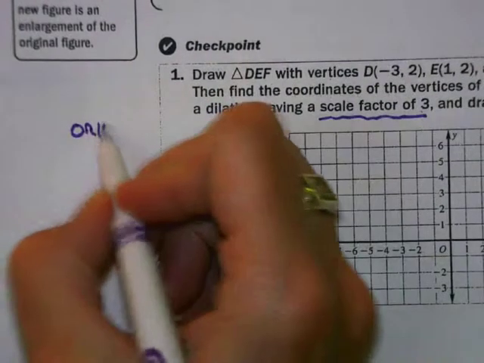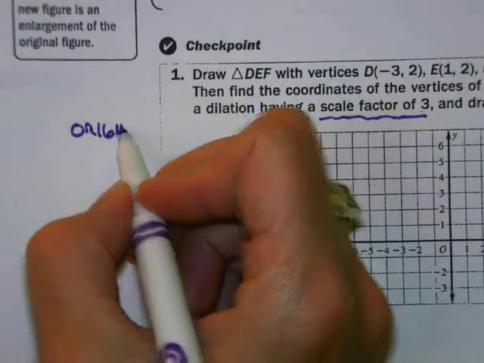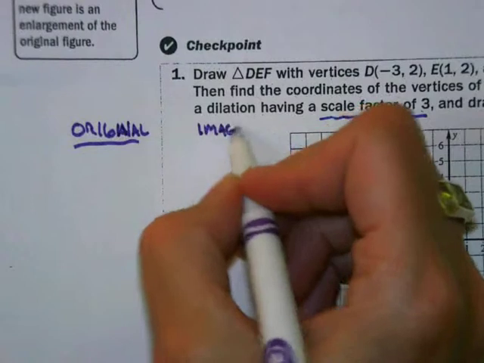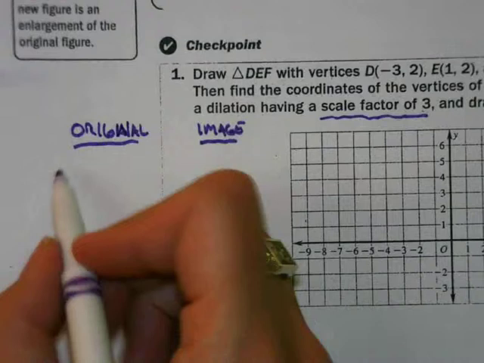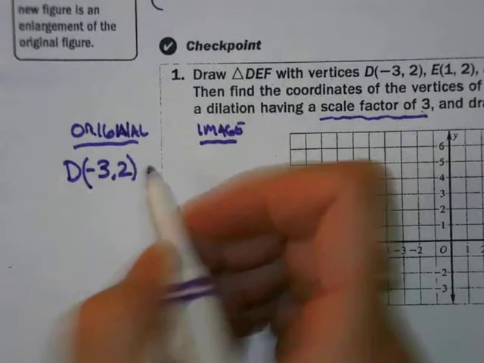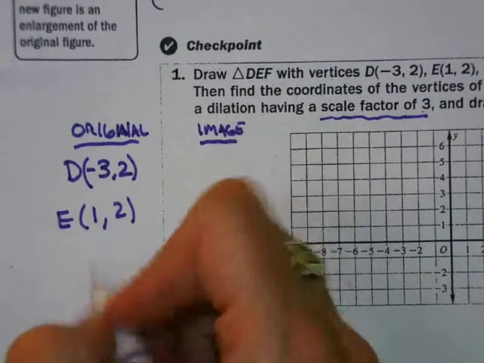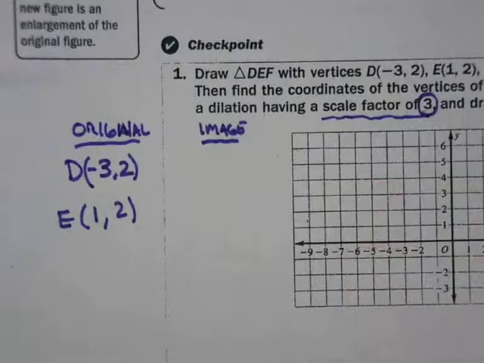So what I'd like you to do off on the side, just like we did in the problem above, we're going to keep track of what were the coordinates in the original shape and then in the image after the dilation. So the original had coordinates D was -3, 2, E was 1, 2, etc.